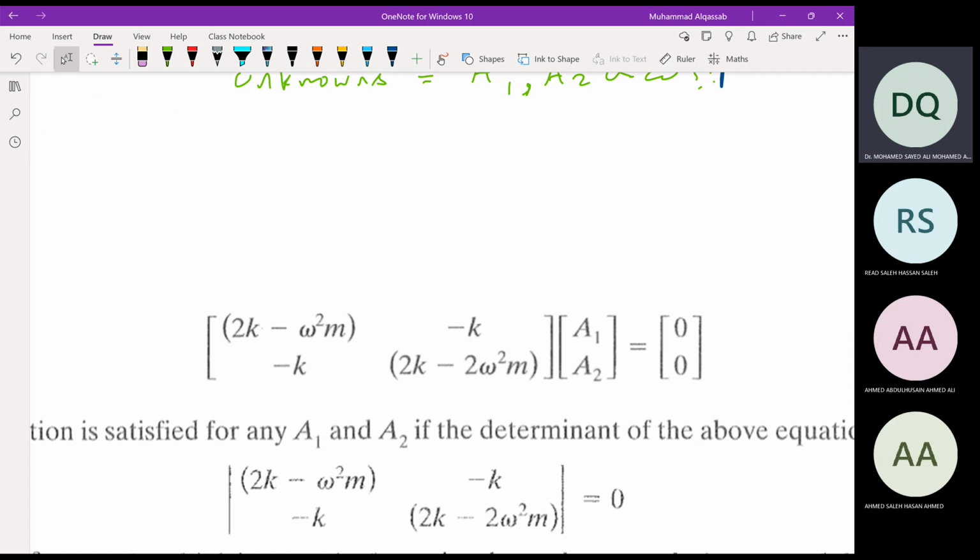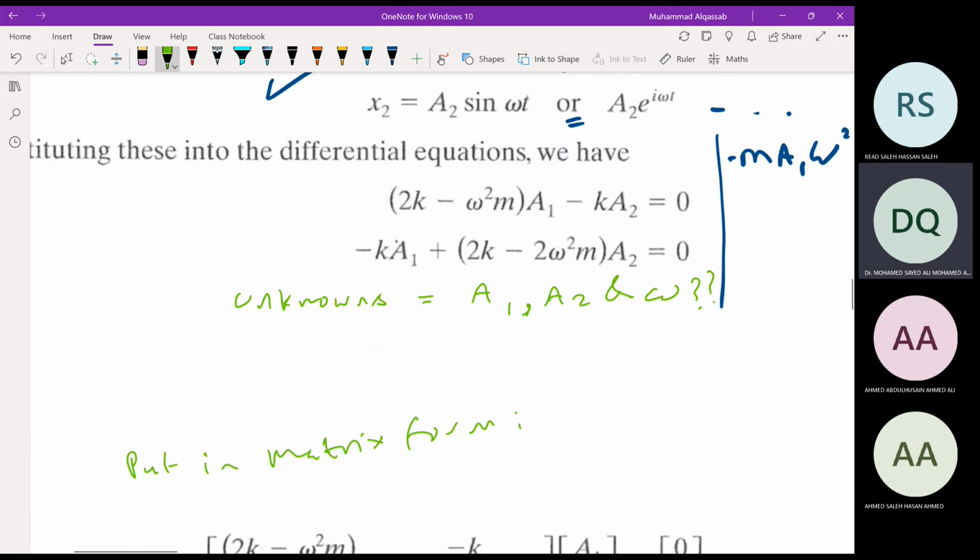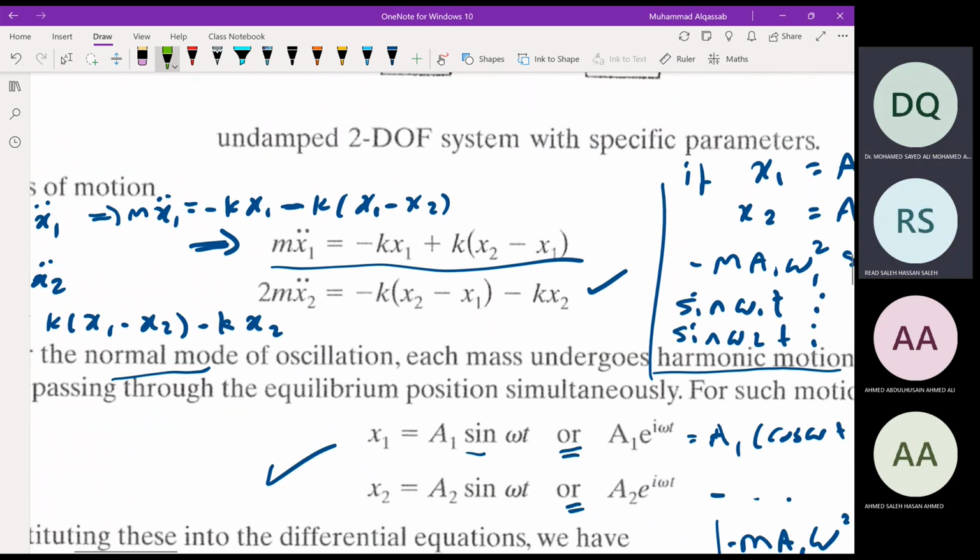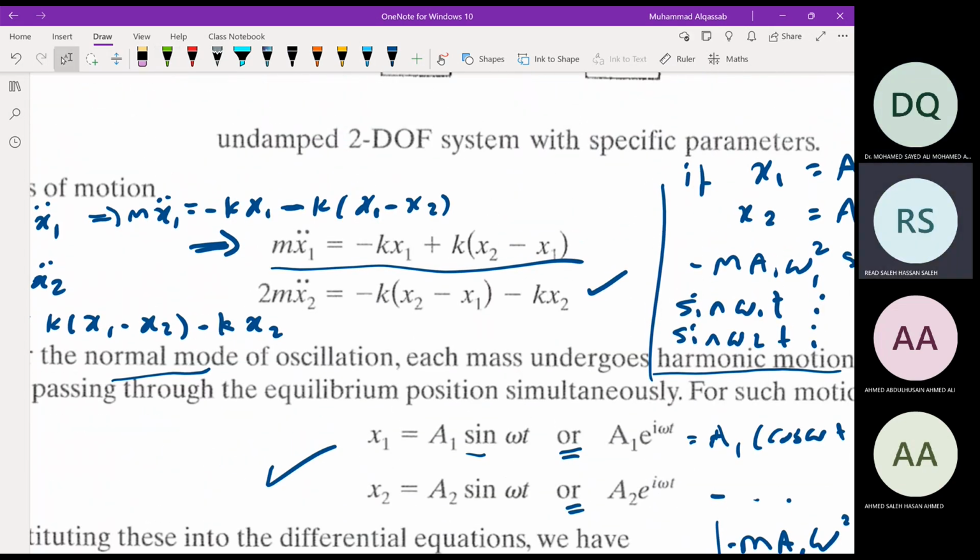Okay, putting in matrix form. Doctor, is this omega the excitation frequency? Yeah, this is the free vibration. Okay, doctor, this is the natural frequency. But here we are not saying omega n because we have more than one natural frequency.